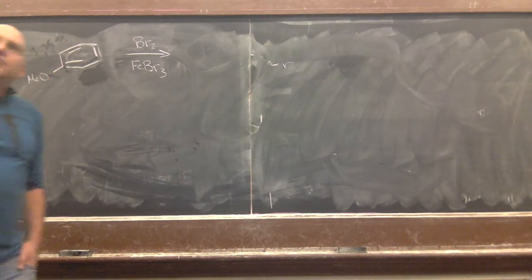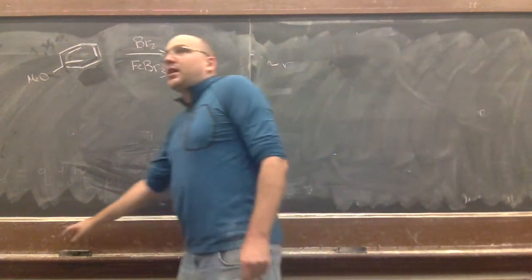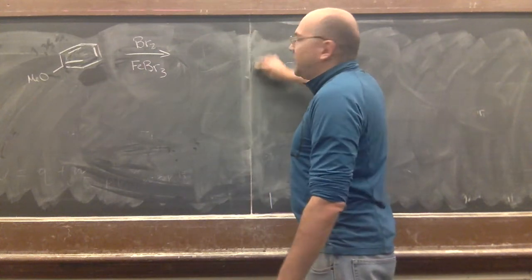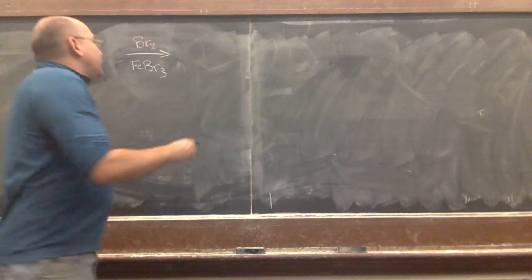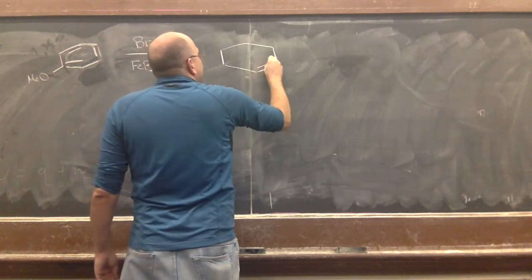If I ran the same reaction, but instead of doing the reaction on benzene, if I did it on, say, for example, anisole, methoxybenzene, I could in principle get 3 regioisomeric products, excluding dibromination. So we're just going to focus on monobromination. What's going to happen is we can get as many as 3 products.